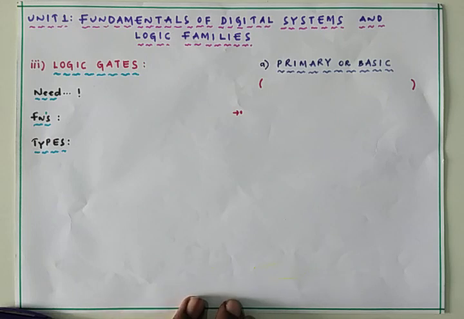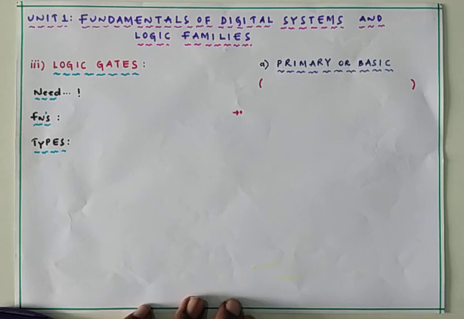That logical operations can be classified based on the logic gates which are used. So these logic gates are employed in the digital system to accomplish some logical operations.